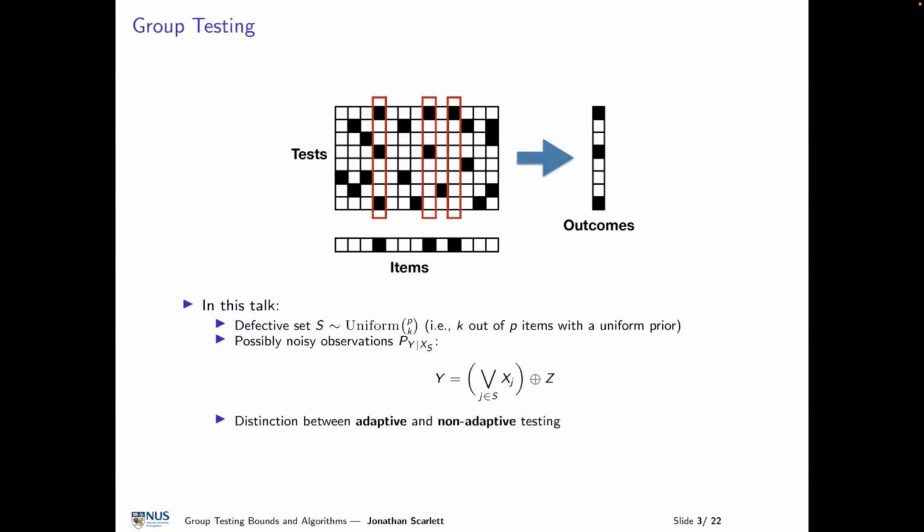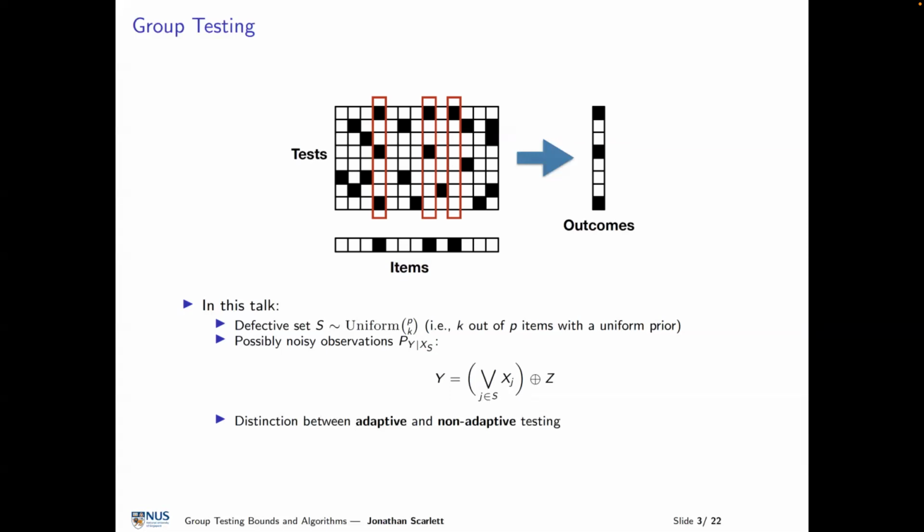Okay, there are also different models for the noiseless test outcomes I described. The noiseless test outcomes would be an OR operation. So this column of outcomes is the OR of these 3 columns highlighted in red. But of course, sometimes tests are not perfectly reliable, so we may want to model noise. Here I've shown an additive, modulo-2 arithmetic addition.